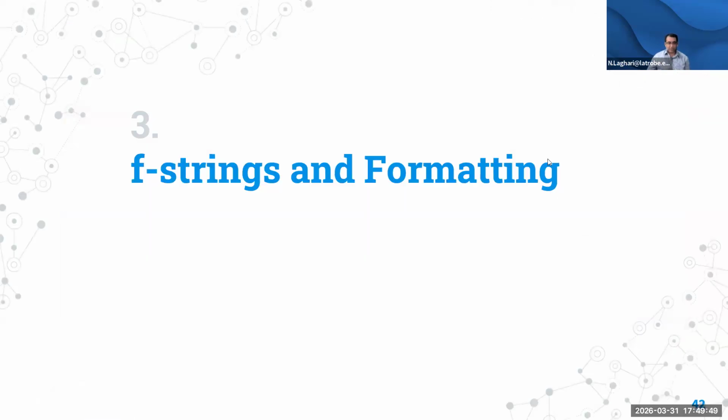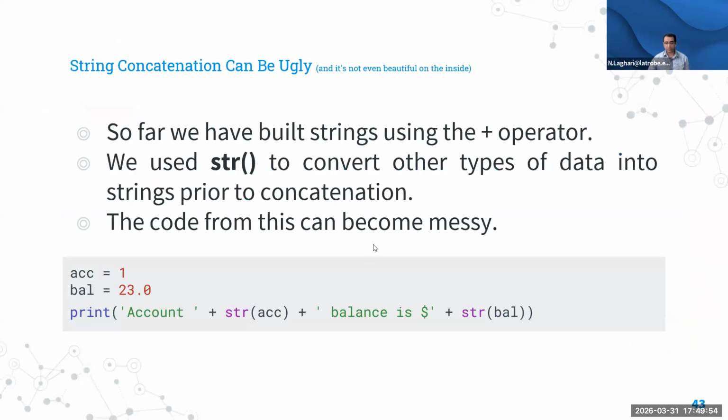Okay, now next is F strings. F string is basically a formatting technique where we want to format our strings. So far, we have used the concatenation method or format specifier in the past, but this was introduced a little later in Python, and it is a very powerful tool for formatting, not only strings but also numbers and values alongside.